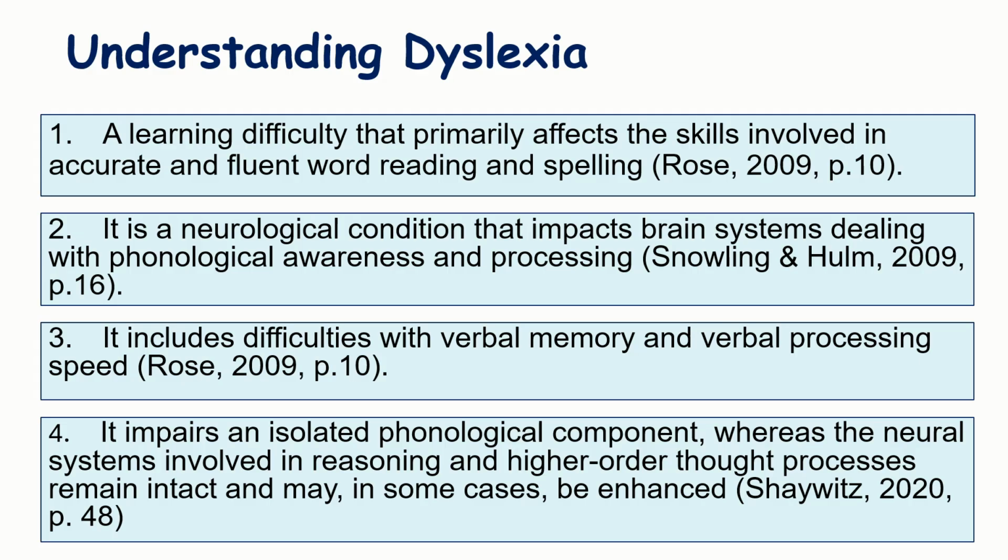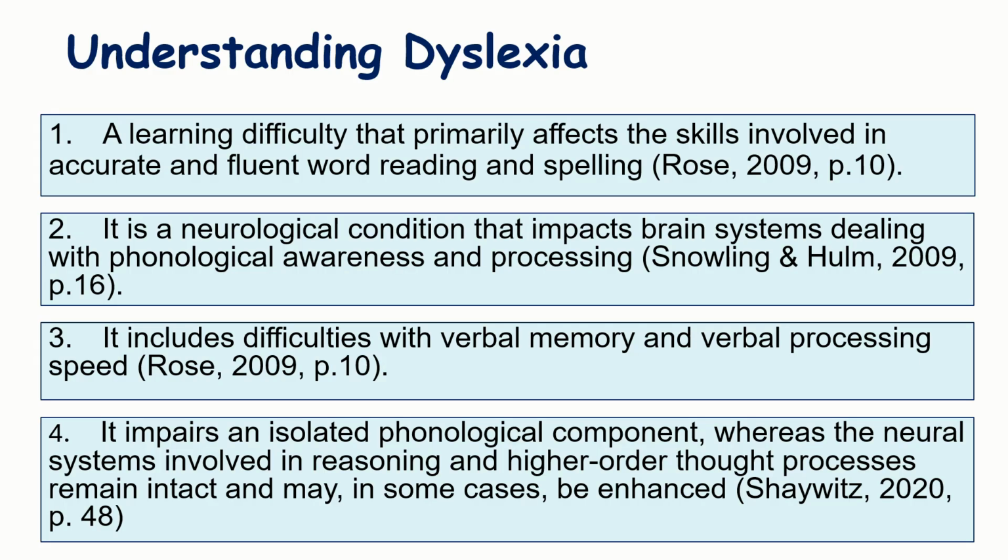Snowling and Hulme emphasize that dyslexia is a neurological difference that impacts phonological awareness and processing within the brain. Rose also mentions verbal processing speed and verbal memory as elements for dyslexia diagnosis. According to Sally Shaywitz, dyslexia constitutes an isolated cognitive weakness rather than a global impairment.